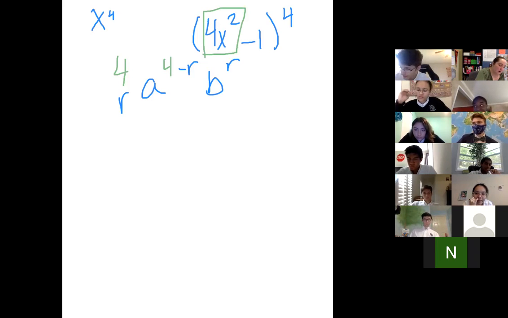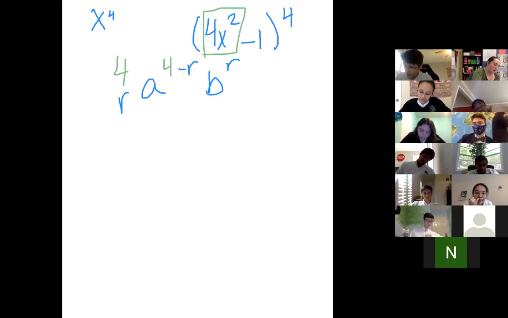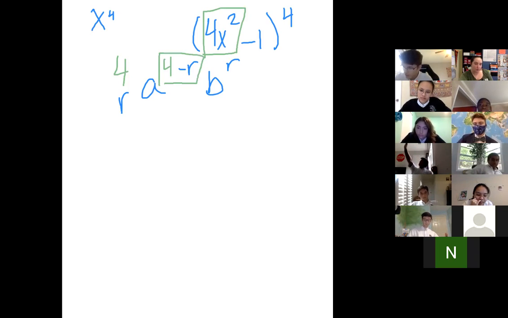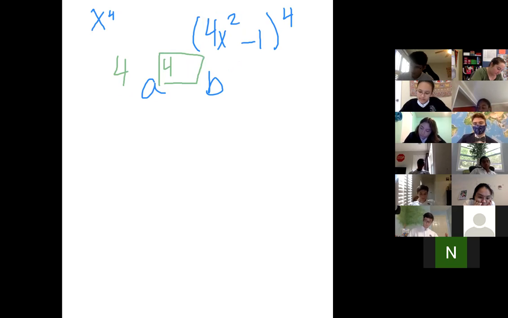So I need to raise this to the second power, in which case, if I want this number to end up being 2, what do I need to make my r? Also 2. So now I can plug that in for my r's. Like that.